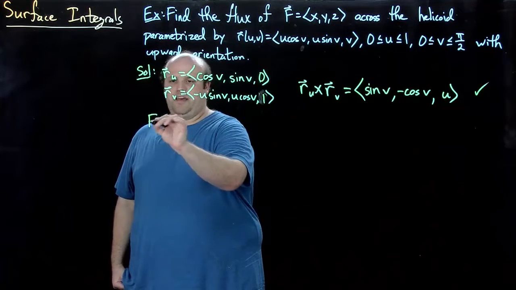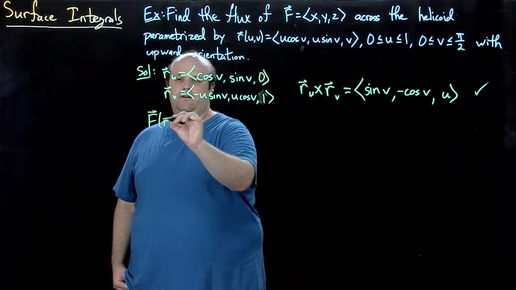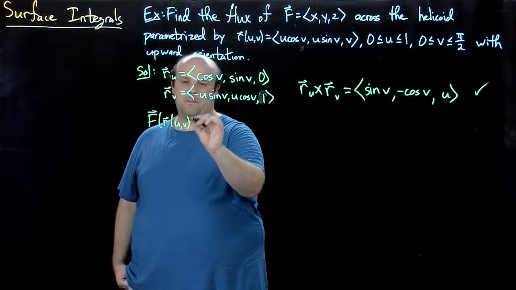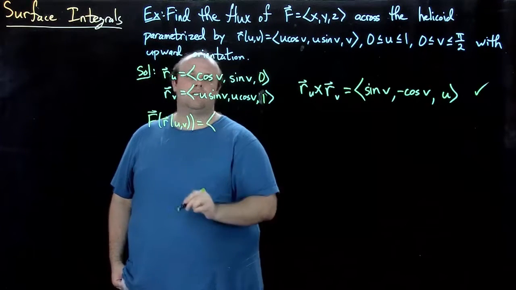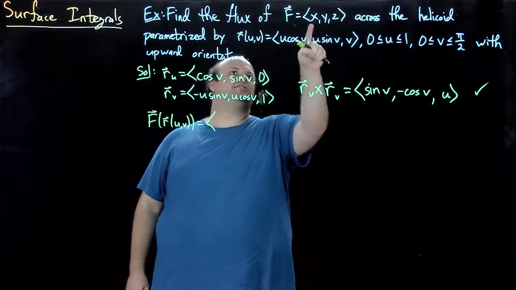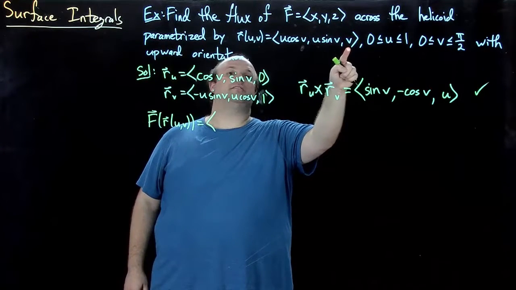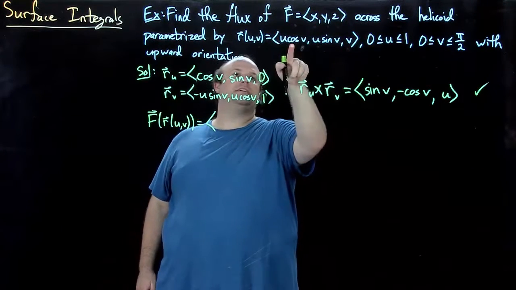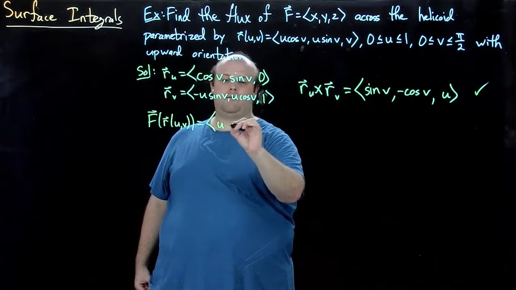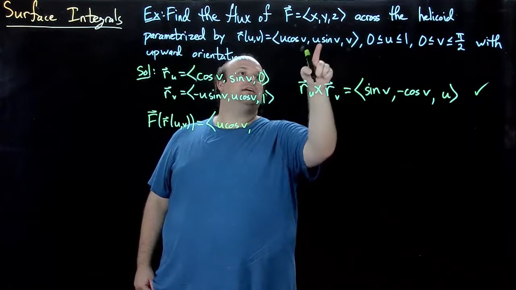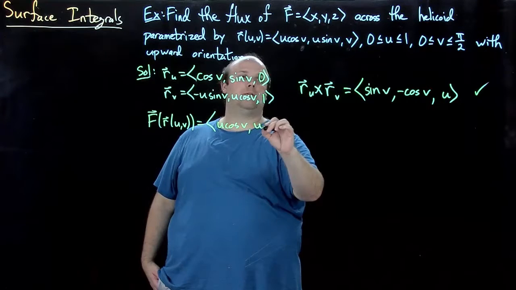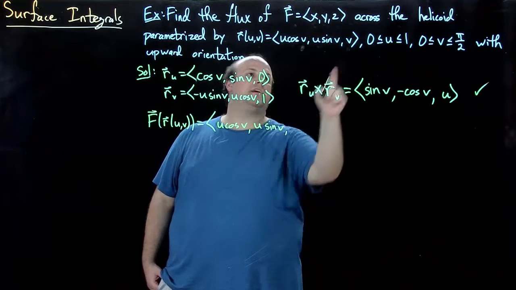So F of r of u, v. That's just x, y, and z, so it looks just like the parameterization: here's x, here's y, and here's z.